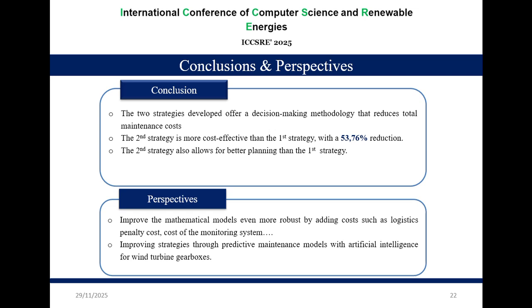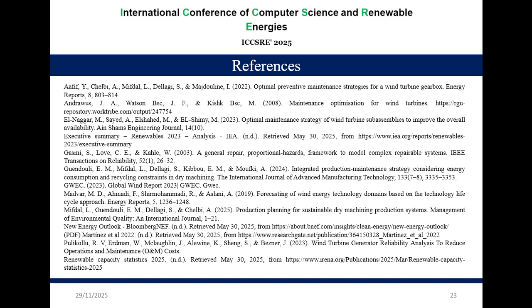So we can also improve the two strategies through predictive maintenance models with artificial intelligence for wind turbine gearboxes. So on this page, we can see all the references that we used to develop and model our two strategies.